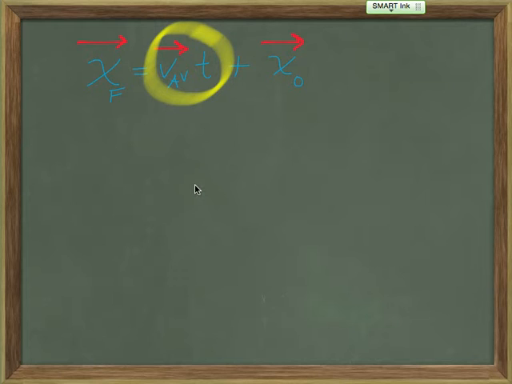You can see how you're multiplying time, which is actually a scalar quantity, and you're multiplying that with velocity. Velocity is a vector quantity because velocity has information about which way you're moving and how fast you're going.